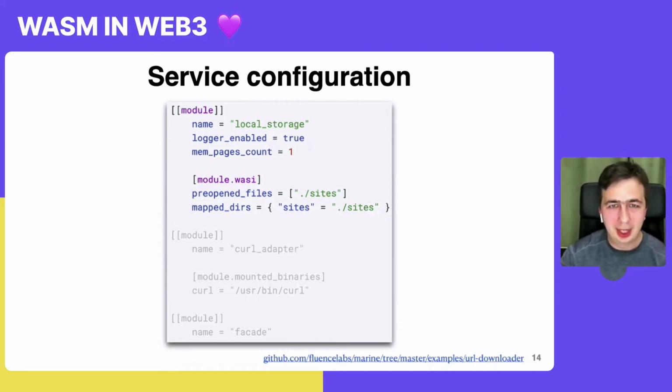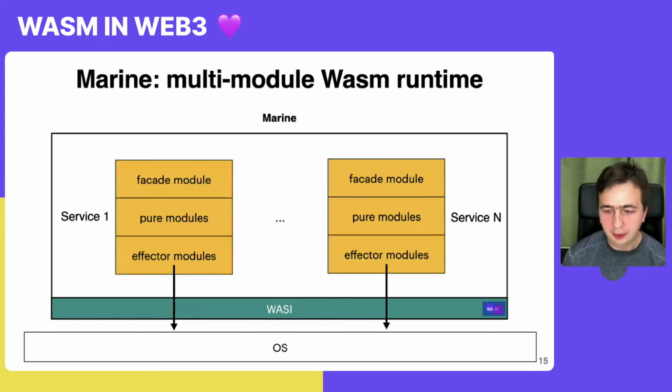name. Okay, and from a general perspective, Marine could be presented like in this slide. Here you can see that in Marine we could load several services at once, and they could consist of separate modules. There is no interdependence between them.